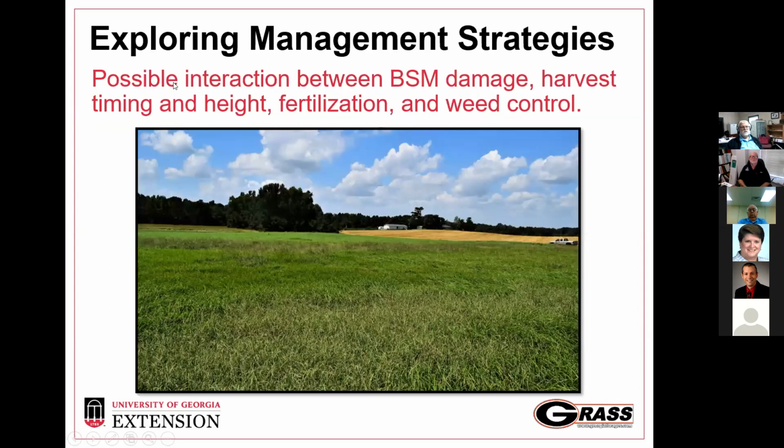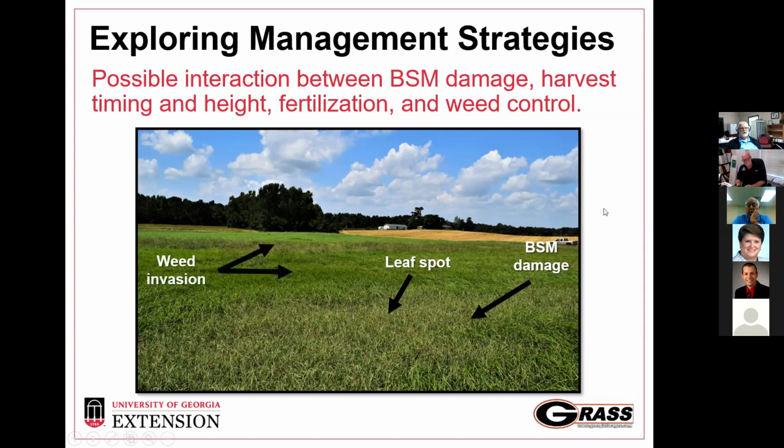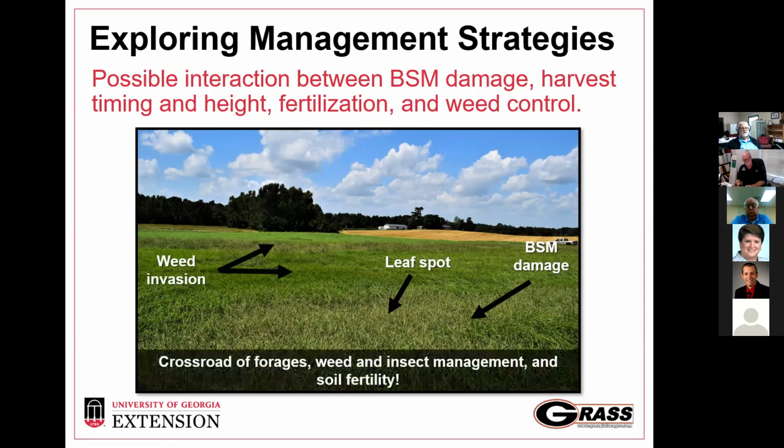So it's also worth considering how Bermudagrass stem maggot presence and potential damage interacts with the other part of the environment that we have some impact on in terms of harvest management, fertilization, and weed control. So the bronzed canopy, but there's also some leaf spot damage perhaps, and some weed invasion.